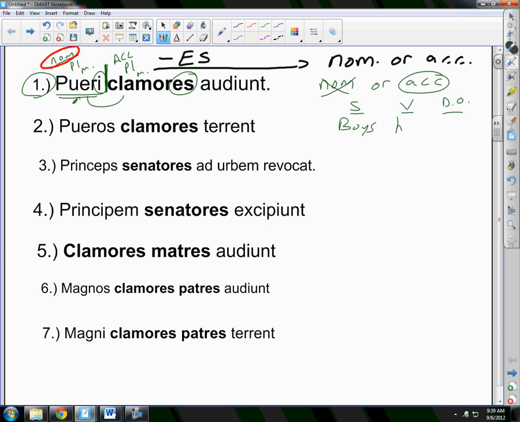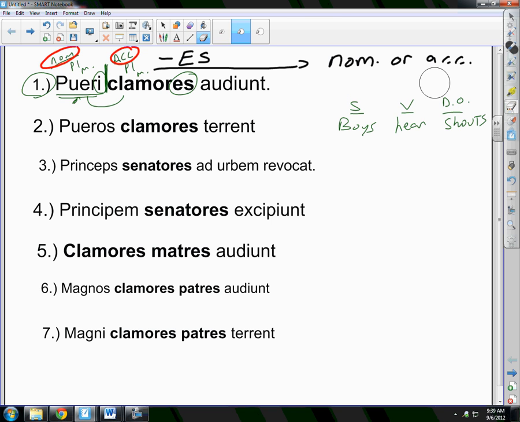So the boys hear. And then I look back over here and I see that my accusative is clamores, so I will use the shouts as my direct object. Then I put it all together: the boys hear shouts.